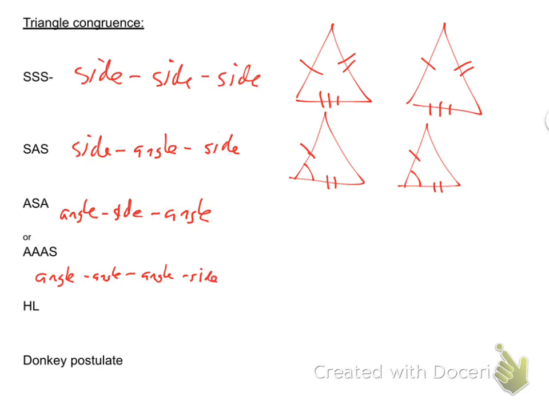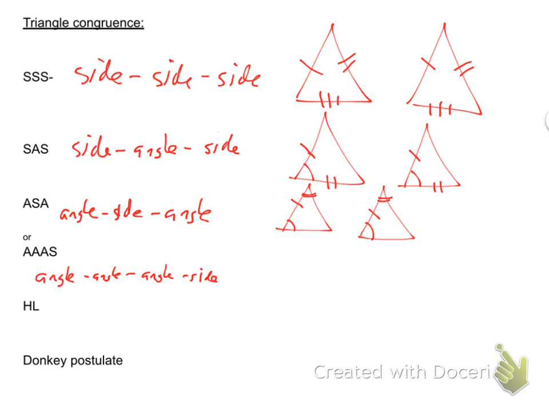Angle, angle, side. Correct. Guys, fundamentally, these are the same. And again, if I'm talking about what we just talked about, how they have to be all in a row, if I talk about an angle, a side, and then an angle again, they are congruent.